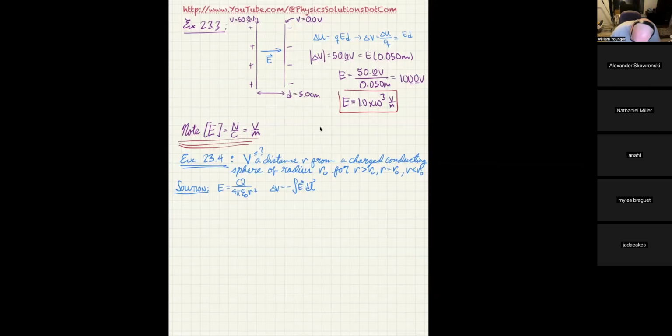Let me start by drawing a little coordinate system. Okay, so here's our little coordinate system, and this is our x-axis, this is our y-axis, this is our z-axis. Doesn't really matter too much, but the thing that does matter is we're going to have a charged conducting sphere of radius r0.